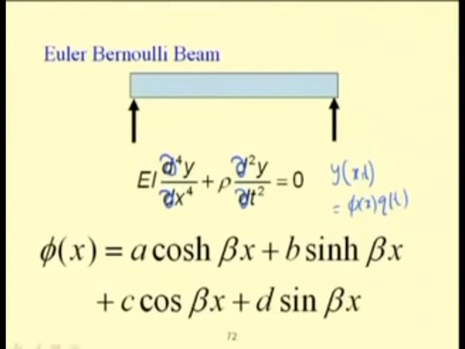One can find a general expression for the mode shape as phi x equal to a cosh beta x plus b sinh beta x plus c cos beta x plus d sin beta x. By using different boundary conditions, one can find the actual response of the system. The different boundary conditions include, for example, a fixed beam.